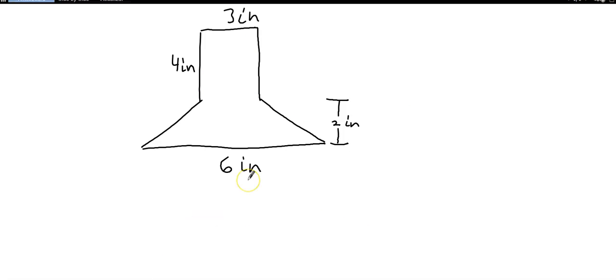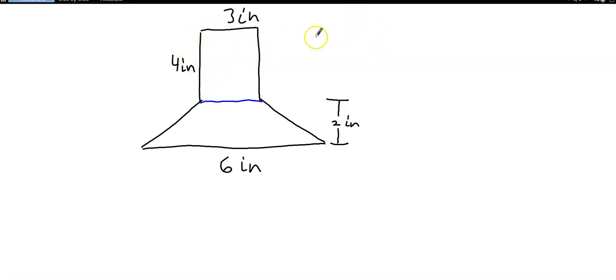Okay, getting a problem like this is possible where you might have a shape that is not related to anything, but it looks like it could be made up of two shapes put together. So you have to just take it and cut it somewhere into two parts that you know how to find the area of. For example, if I cut it down here, I can see that on top I have a rectangle.